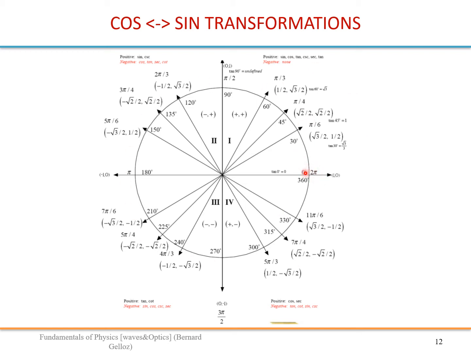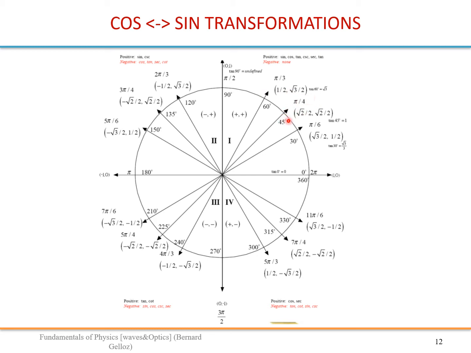You have the angle from 0, pi over 2, pi, 3 pi over 2, and back to 2 pi. So the angle, which is called the phase when it is inside a function like a sine or cosine, is periodic, and the period is 2 pi. Alright, so here there are some special angles that you should know normally.